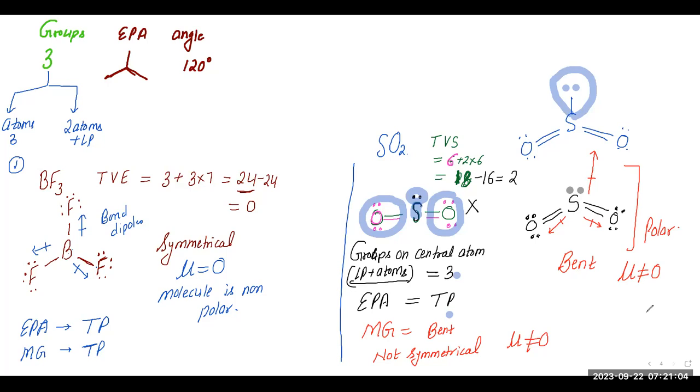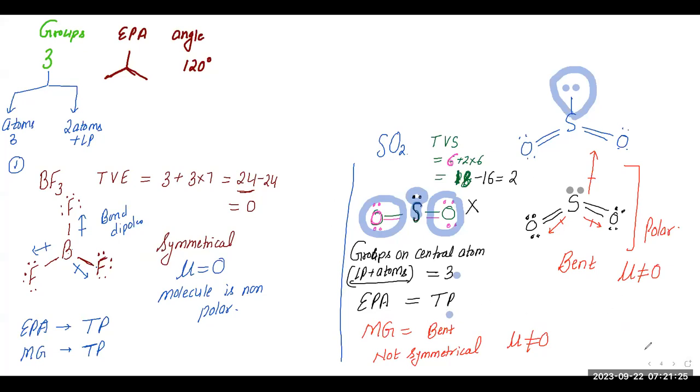So the net dipole moment is not zero. So we are okay with the two examples of group 3. Ready for one more? One question here. See, I'm giving you plenty of examples. All these examples are really good.